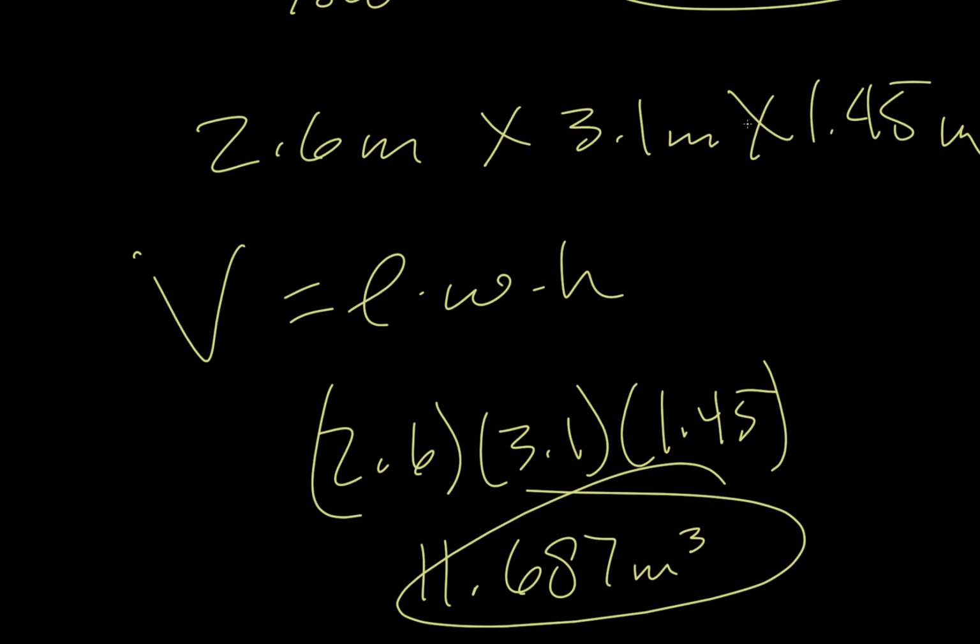Okay, moving on to example 10. So we have 17.3 millimeters of rainfall on a flat rectangular shed roof, which has length, okay, so this is the rain.